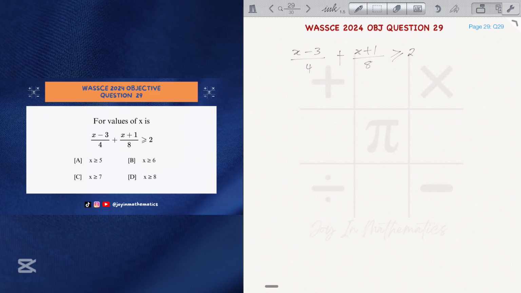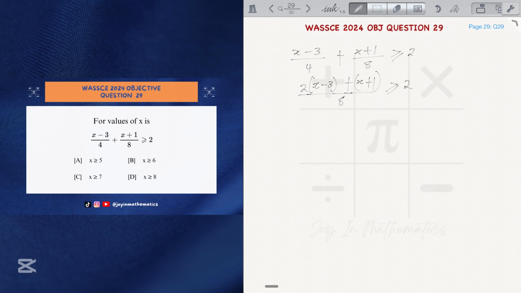All we have to do is solve this inequality, and to do that we have to find the LCM of the left hand side. The LCM here is simply 8, and the numerator will result into 2 into x minus 3, plus x plus 1, and still is greater than or equal to 2.